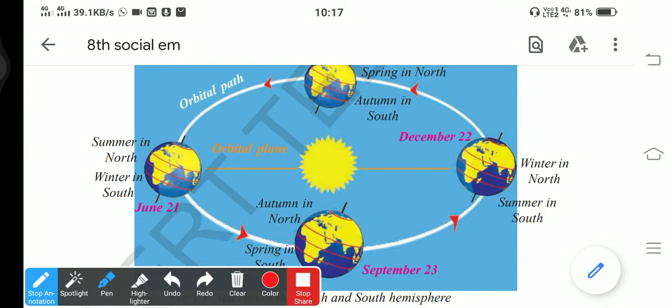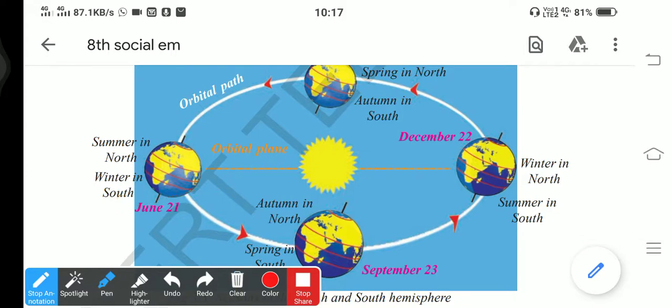On June 21st, sun rays fall vertically on the northern hemisphere, on the Tropic of Cancer, so it is summer in the northern hemisphere. Sun rays do not fall vertically on the Tropic of Capricorn in the southern hemisphere, so it is winter.